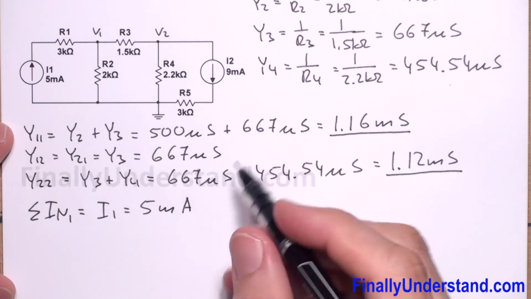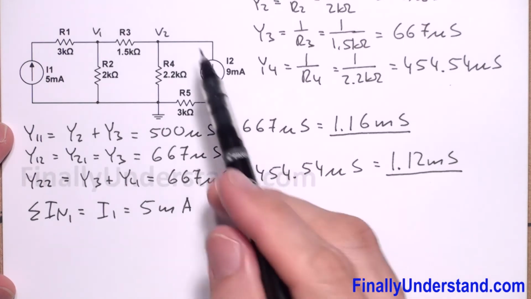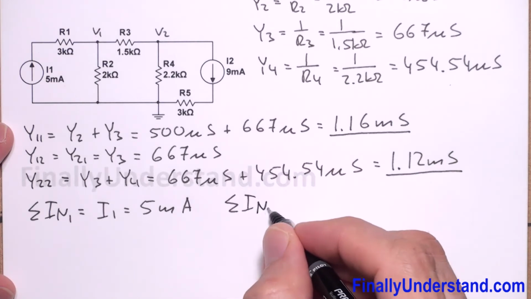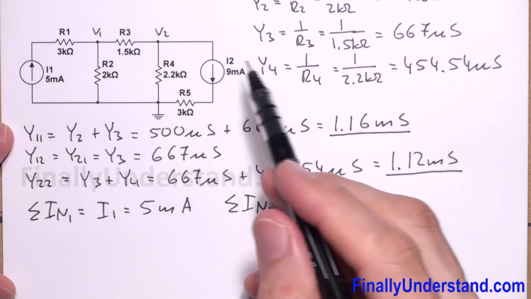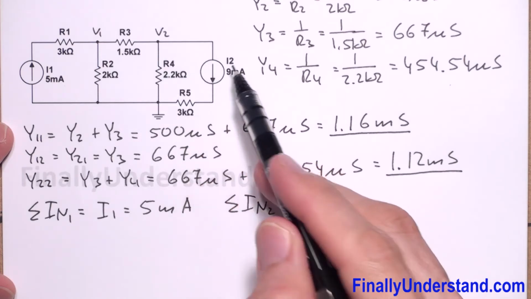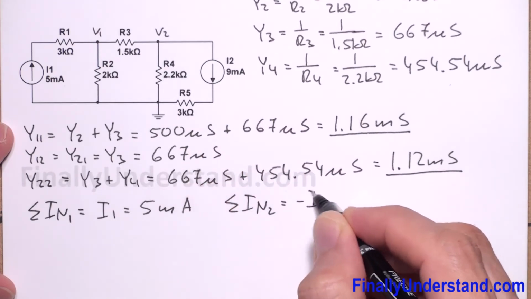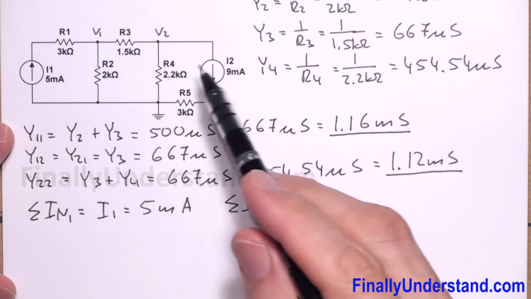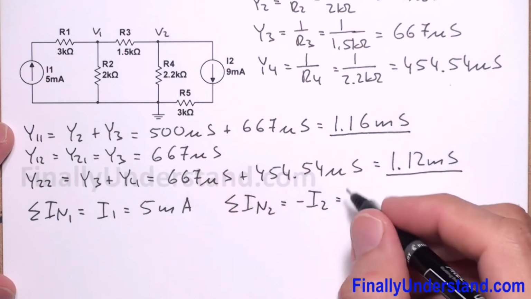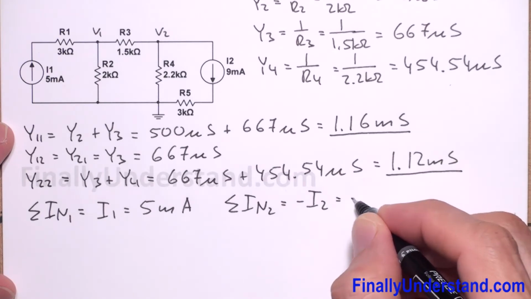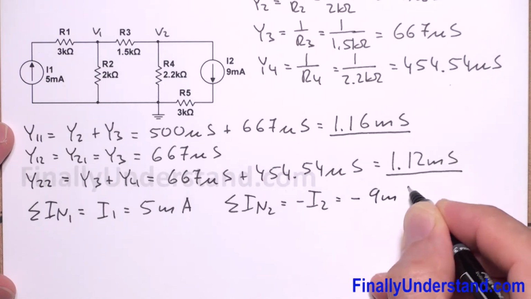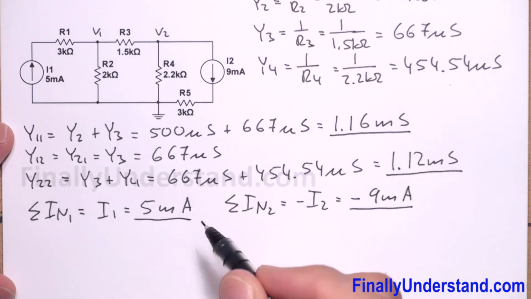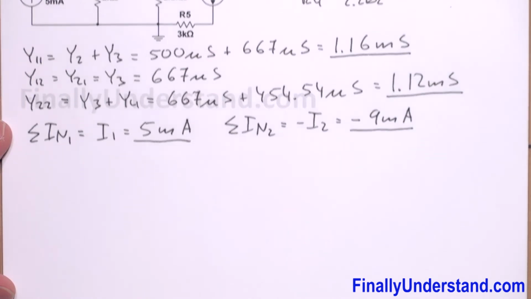If you look at node 2, the sum of the currents going to node 2 is simply negative I2. Why is it negative? Because the current is leaving the node. So this is equal to negative 9 milliamps.